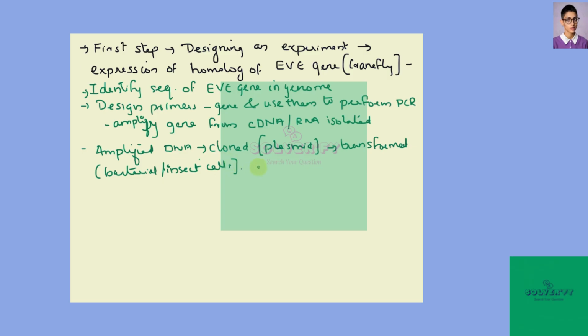The transformed cells can then be used to express the EVE protein, which can be used to purify and then used to raise antibodies against that protein.